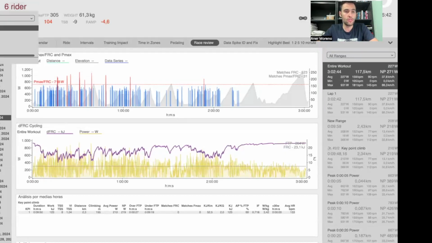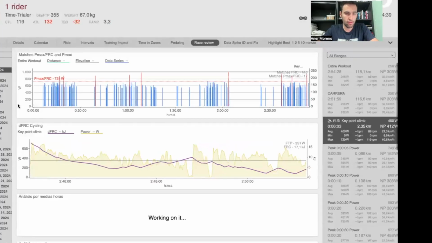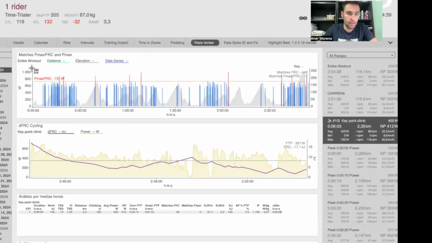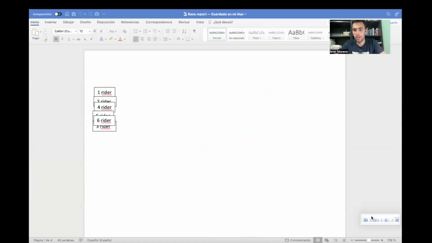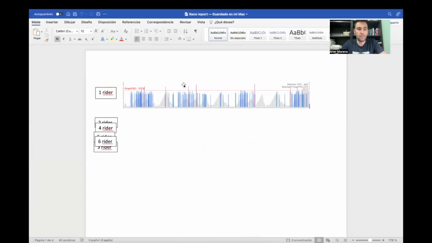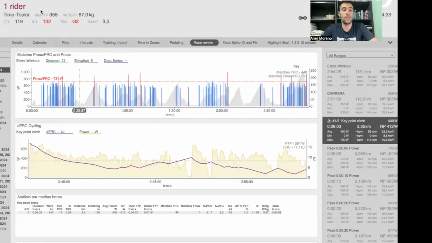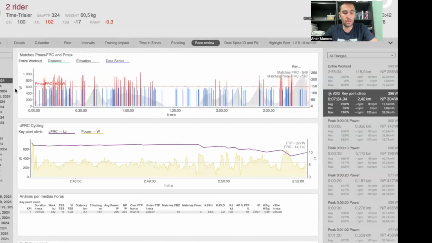Okay, let's go for the first rider. We can see here how much the first rider has spent. So we paste it here and we have rider 1 with all these matches. This is the leader. Remember, this is the leader of the team, so he should have spent less than the other ones. Let's do the same with the second rider.